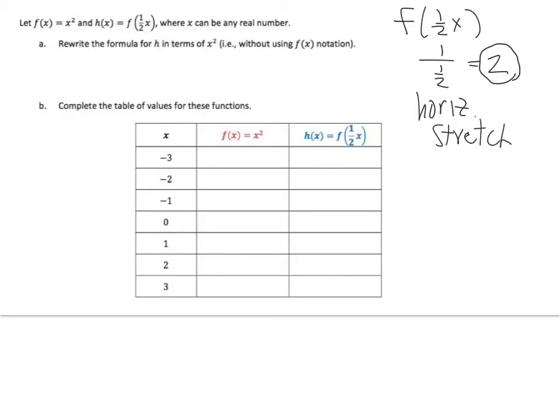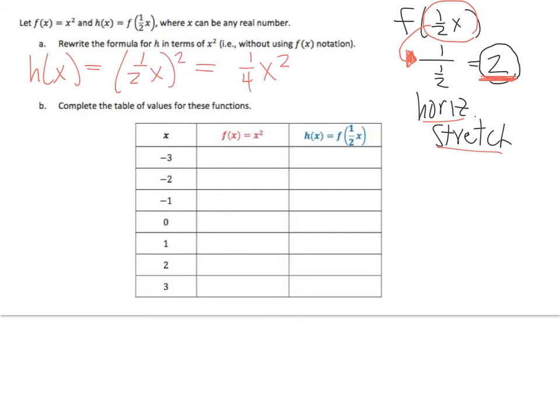Like I've said, horizontal is hard because when it's on the inside, I have to do more work. It's not really hard, but that's how I always remember it. Horizontal is hard because I have to do more work to find my scale factor, which here is going to be a horizontal stretch. So h of x equals (1/2 x) squared, which is 1/4 x squared.